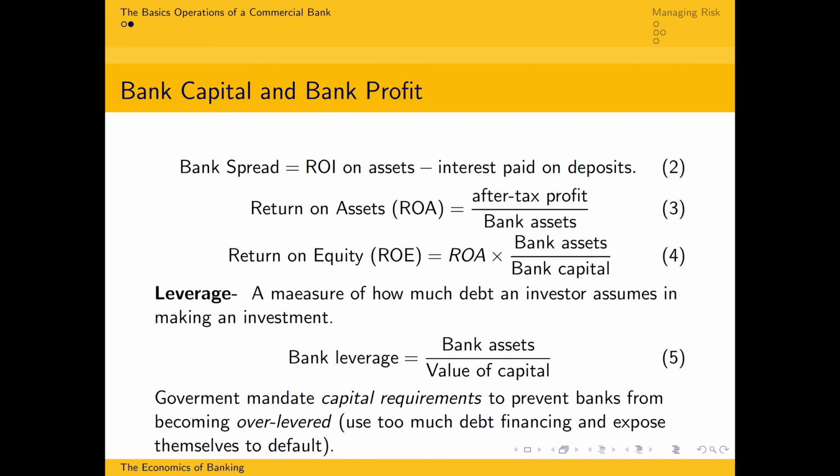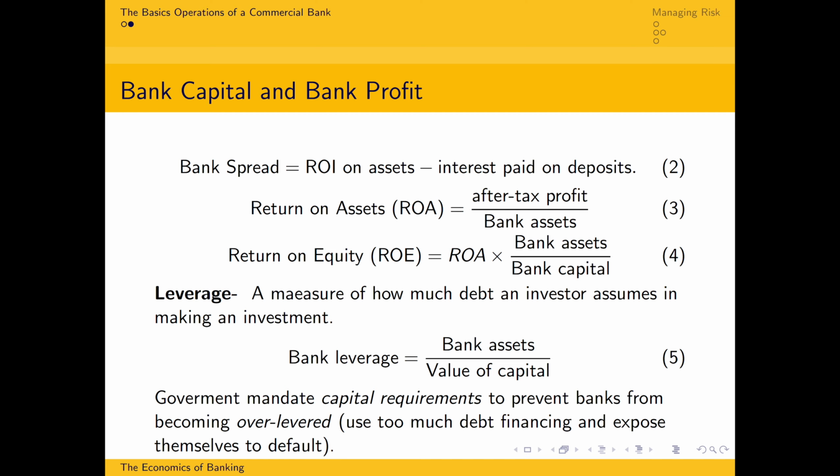Now let's get into those definitions that I promised you. First, the bank's spread is the return on assets minus the interest paid on deposits. Because remember, savings accounts, any sort of time deposits like CDs or anything, you have to pay some interest. And the return on assets, if you remember, is the interest that the bank is going to receive on the investment, such as if they make a new loan or if they invest in an MBS or something.